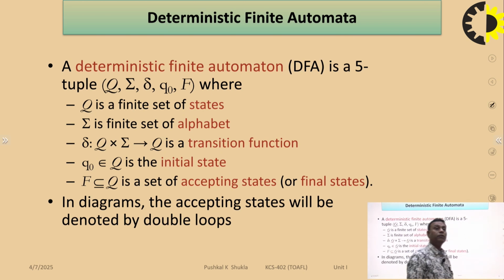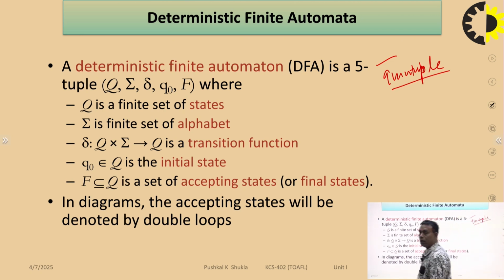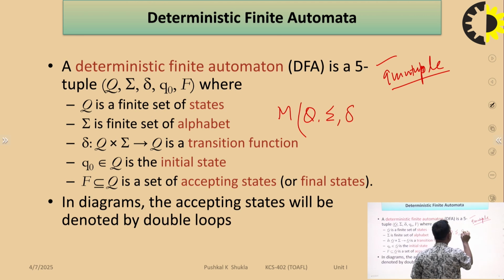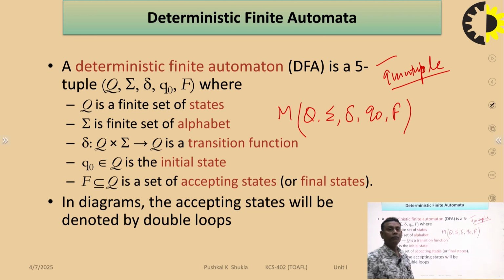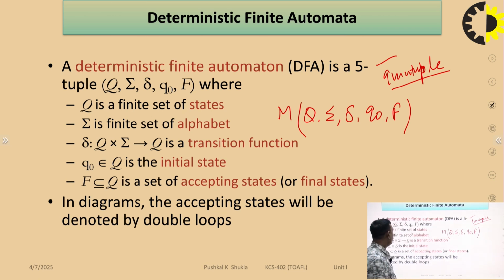Mathematically, a deterministic finite automata is a 5-tuple, a quintuple. There are 5 variables, and suppose this is a DFA: Q, sigma, delta, Q naught, and F. Every element has its own meaning.